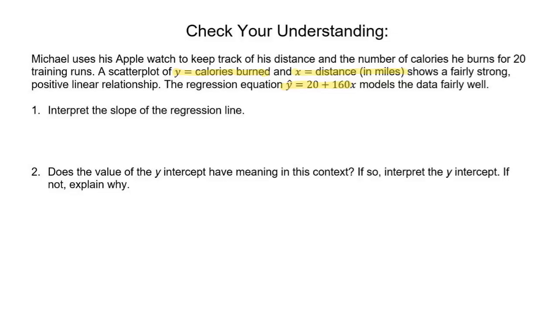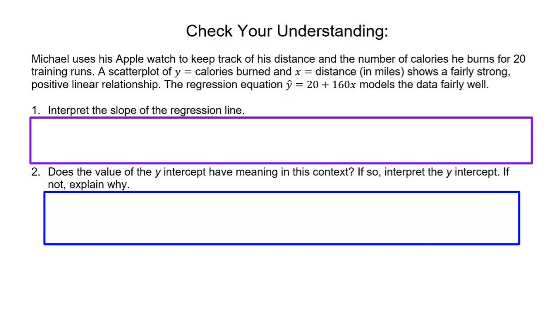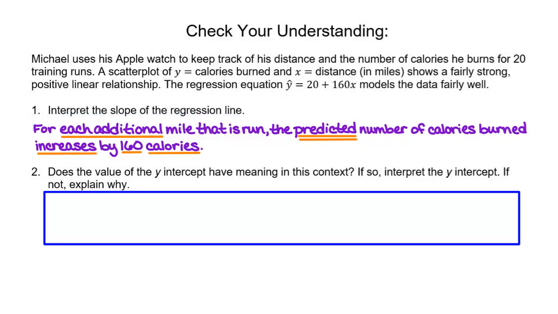For every additional mile, he's predicted to burn 160 more calories. Yes. For every additional mile that is run, or that Michael runs, the predicted number of calories burned increases by 160 calories. This predicted part is super, super, super important.